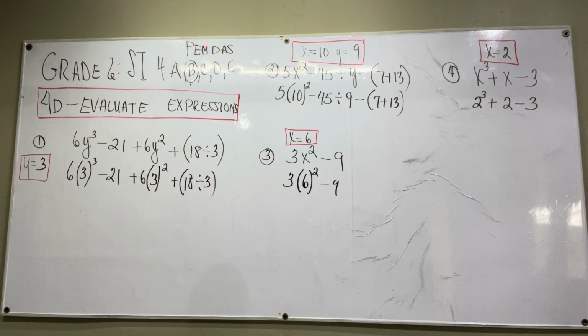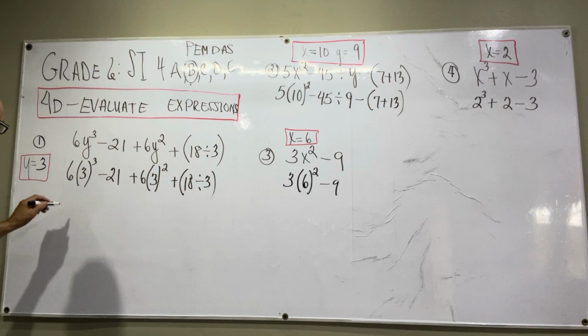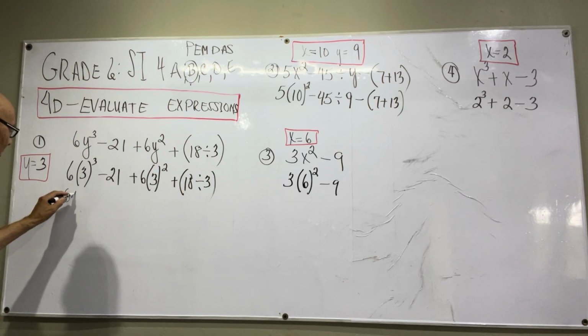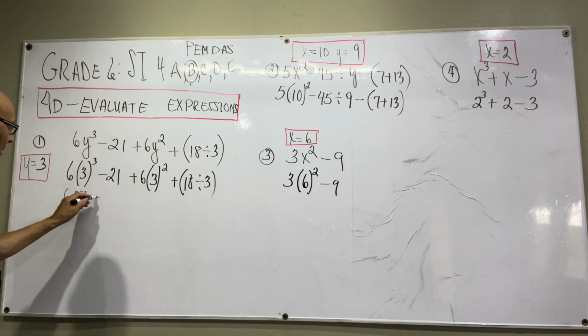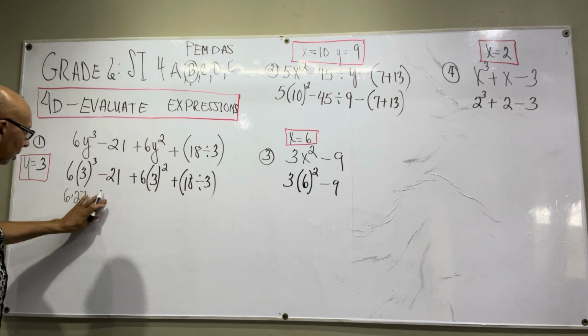Parentheses, exponents, multiplication, division, addition, subtraction, or parentheses, exponents, division, multiplication, addition, subtraction. So let's see. 3 cubed, 3 times 3 times 3 is 27 times 6. So that's 6 times 27, take away 21.